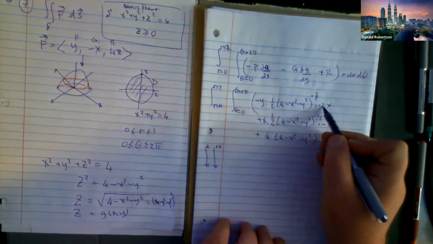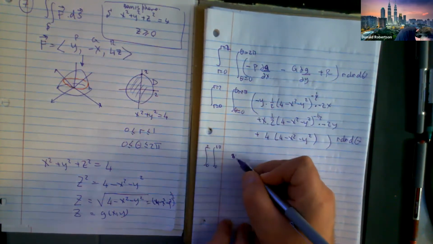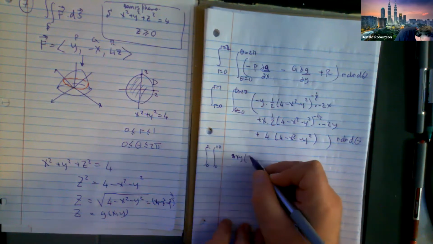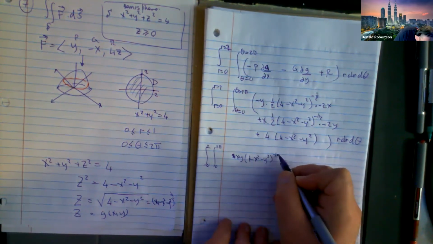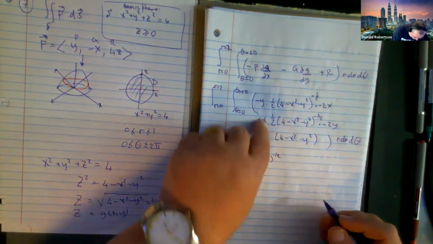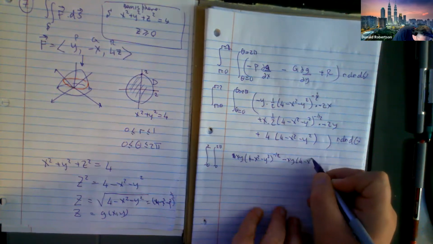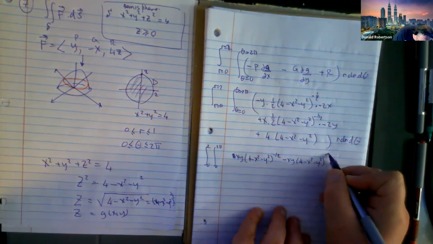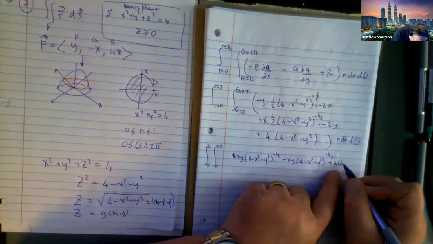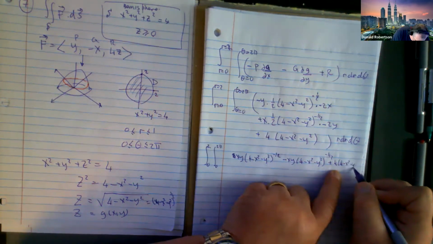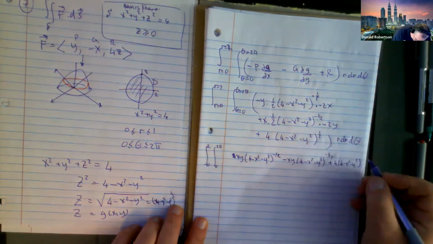This guy, this guy, this guy, and this guy, 2 pluses, I don't get 2 anything. I get an xy with a 4 minus x squared minus y squared thing. And then I get this guy, who is minus xy, 4 minus x squared minus y squared to negative 1/2. Then I get this guy. And nobody noticed that that's 1/2.